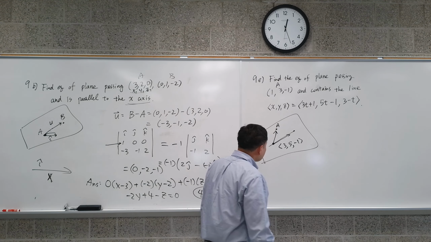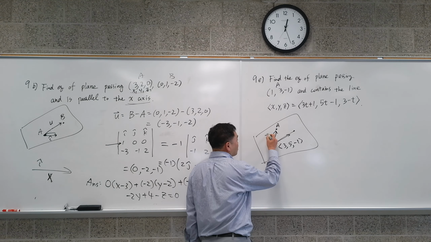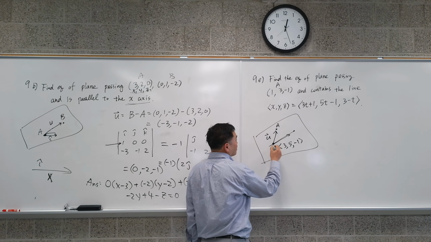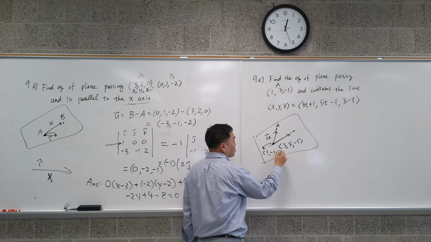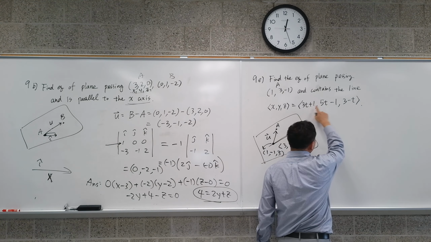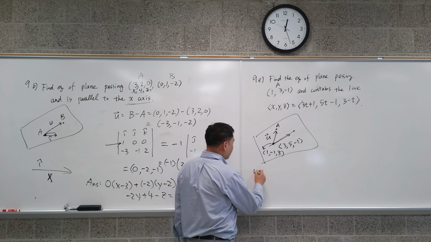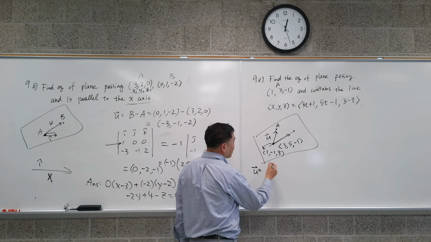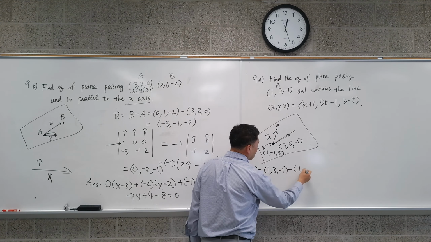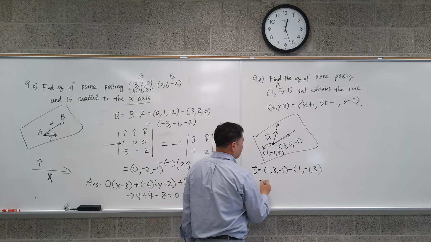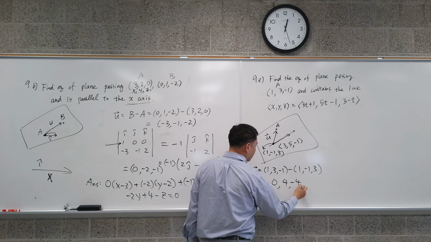All right. So I'm going to say this vector is u, where this point is, as you said, 1, -1, 3, which is what you get if you plug in 0 for t. And then vector u is therefore going to be terminal minus initial, so 1 minus 1, 3 minus -1, -1 minus 3. So that's going to be 0, 4, -4.